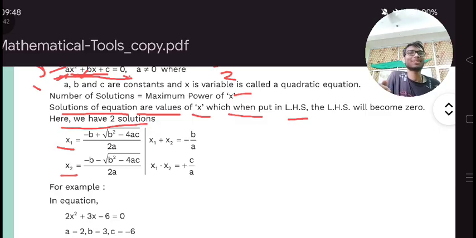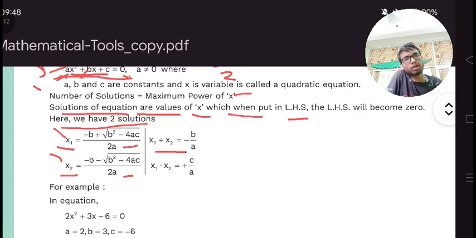This is what we are observing. So this is one solution, and this is another solution. Just see the difference between this and this: just the operators. Here there is a plus, and here there is a minus. In one x there is a plus, and in the other x there is a minus. This is the only difference between them.